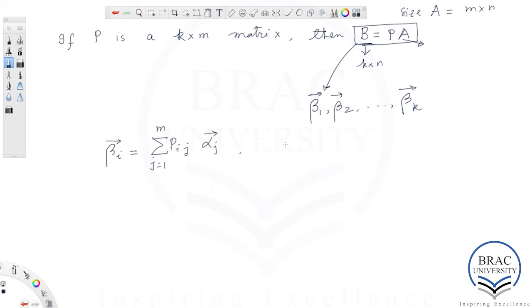Here i is between 1 and k. This is equation number 22.